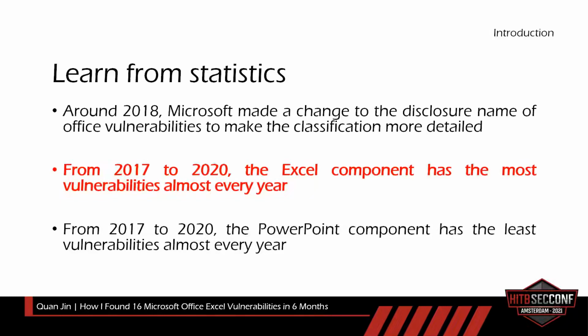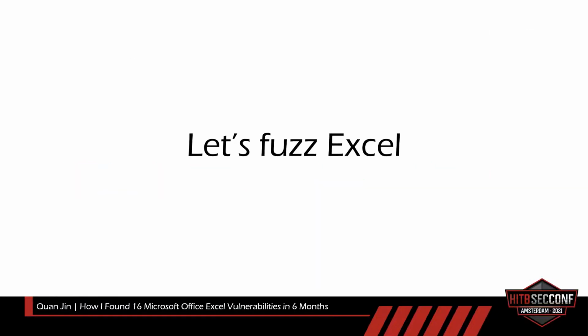If a security researcher invests the same amount of time in security testing for each Office component, Excel is obviously the most hopeful one, and PowerPoint is the least. Word and Outlook are in the middle. If I can choose only one target, it will be Excel. So let's fuzz Excel.